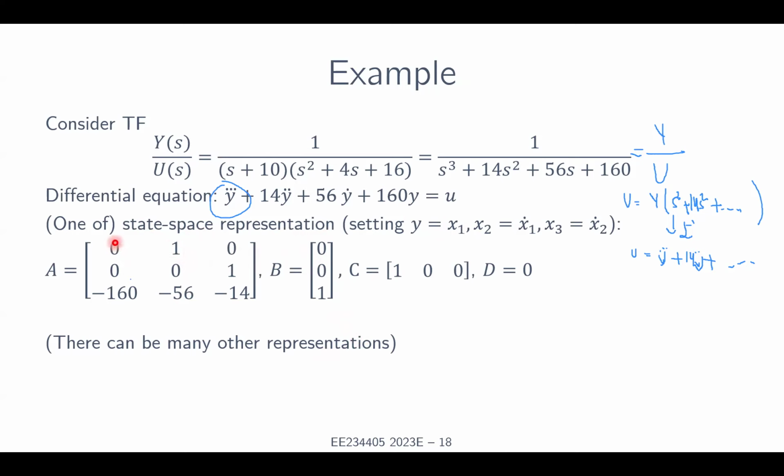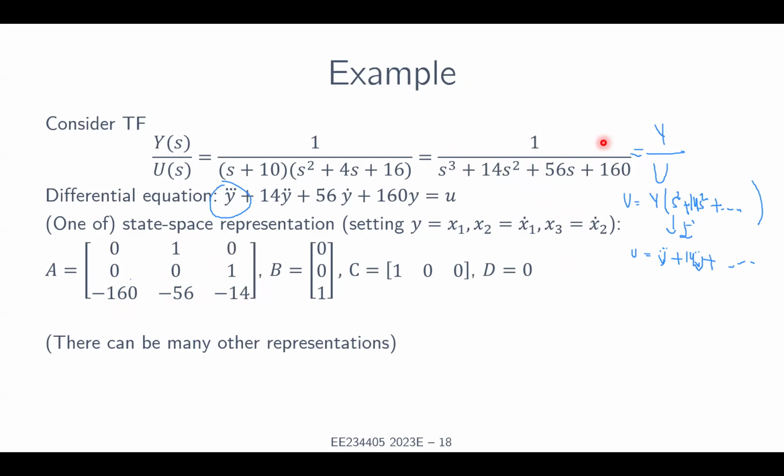So you put the diagonal plus one row to the right as 1, but the last row is the coefficients of this denominator, right?